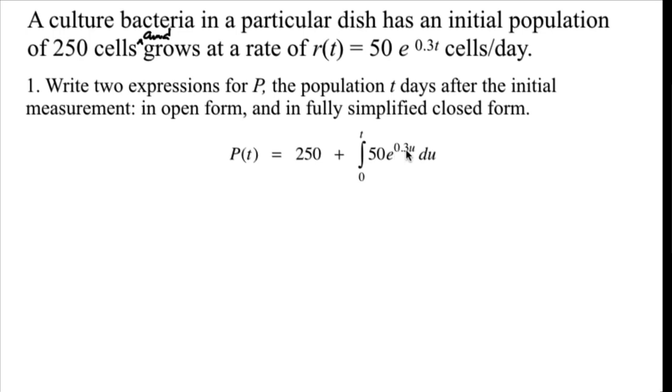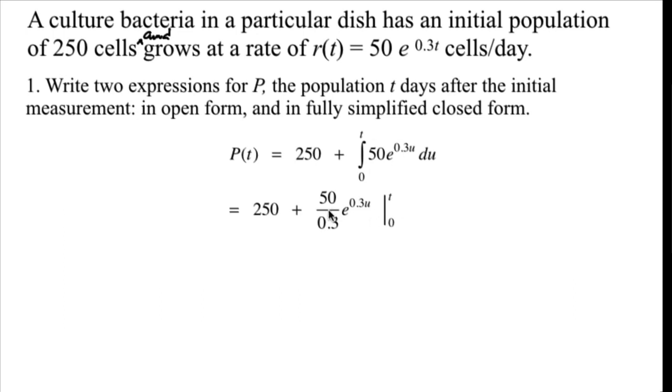If we took the derivative of this, we'd have a times 0.3. So the antiderivative needs a divide by 0.3. Right? Because the derivative of e to the 0.3u will be e to the 0.3u times 0.3, a times 0.3 that we don't have here.